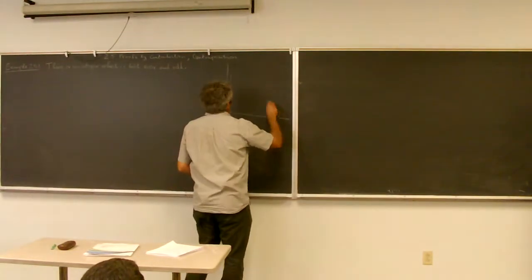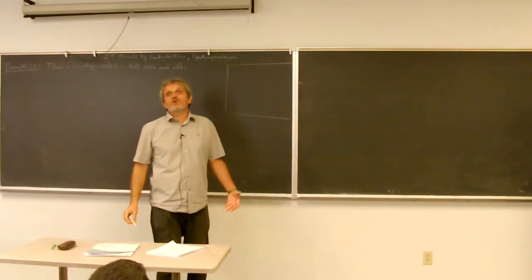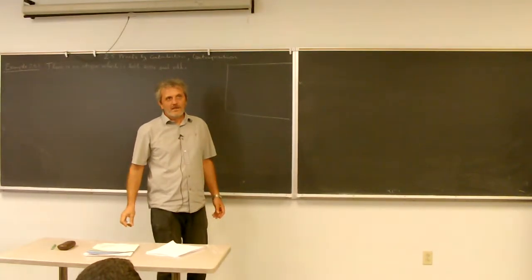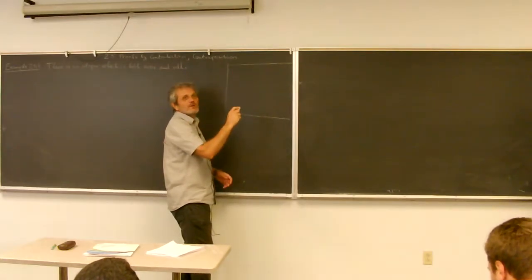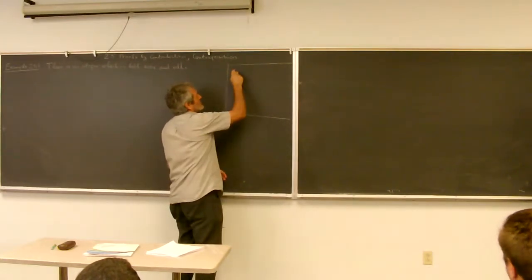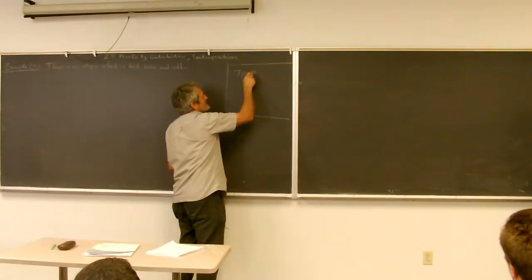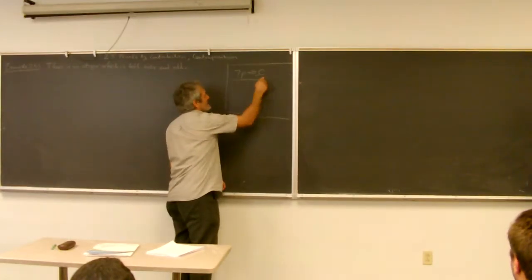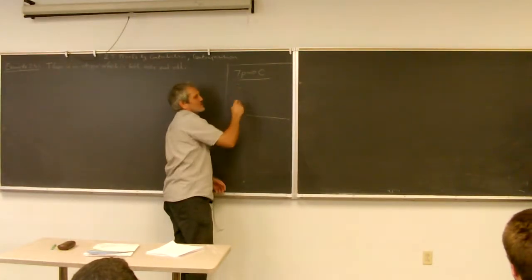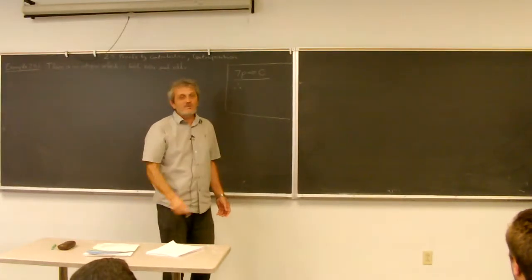Let me write the structure here. You want to prove a statement, let me call it P. Instead of proving P, you prove that the negation of P leads to a contradiction. And then it gives you the right to conclude that your statement P is correct.